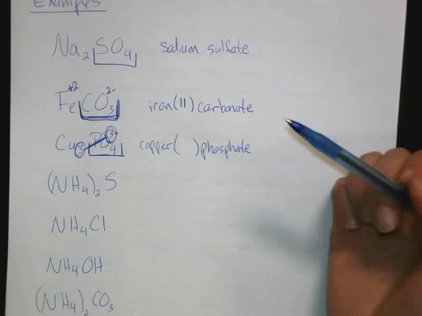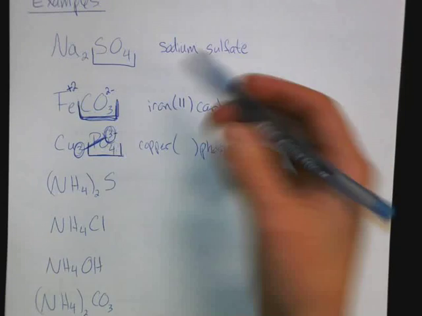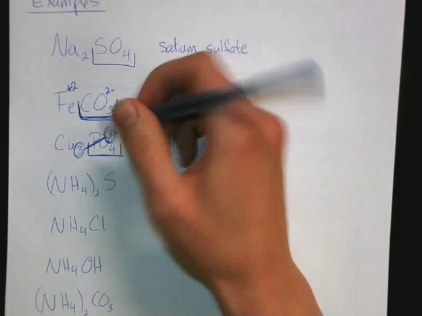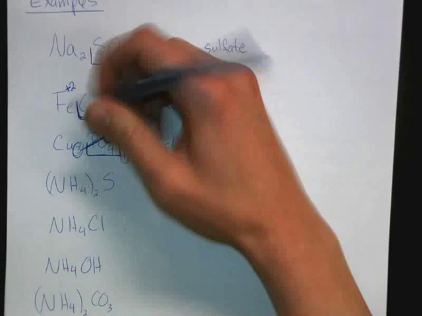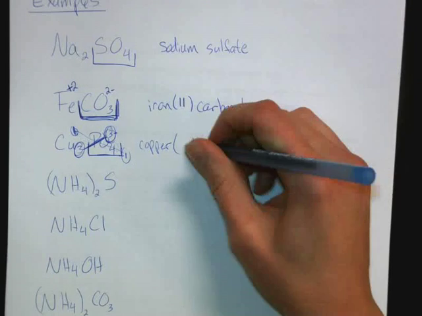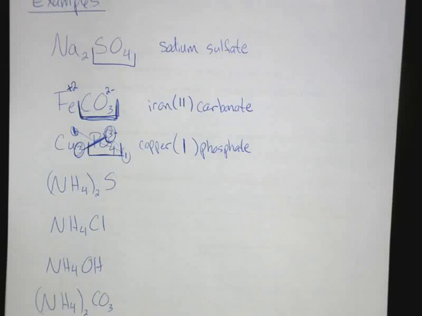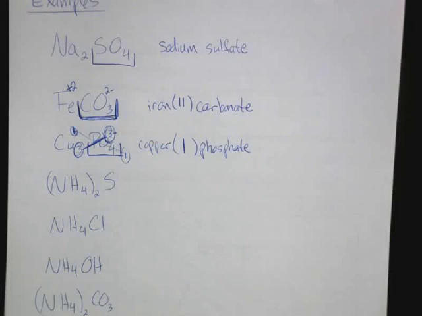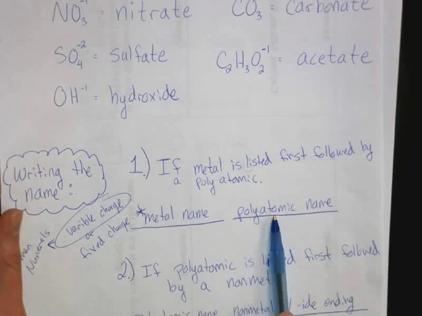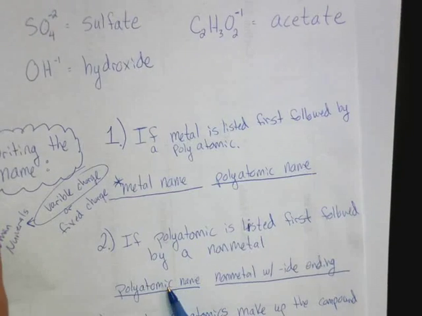Instead, I have to look outside of my 4. Well, I don't have any other subscripts. So I'm going to assume that I just have one PO4, which means that if I crisscross my 1, then my charge on copper becomes a 1. So copper(I) phosphate. These are all examples for when we have a metal followed by a polyatomic.